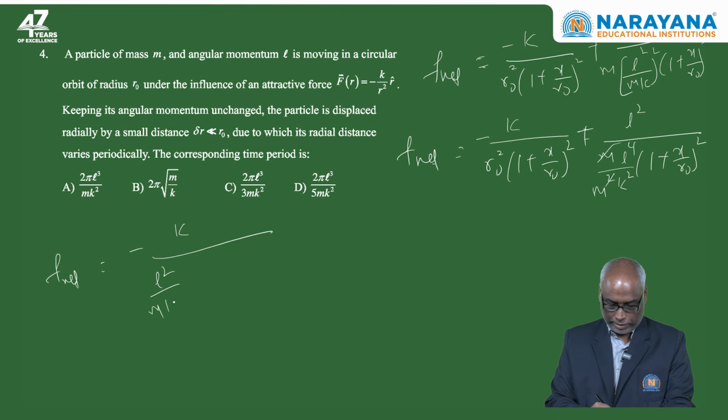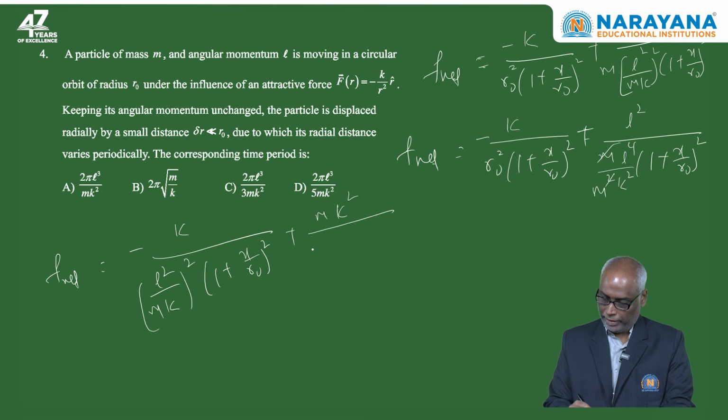L square divided by mk whole square into 1 plus x divided by R naught whole square plus, here one L square will get cancelled from this equation. We are going to get this value as mk square by L square into 1 plus x divided by R naught whole square.